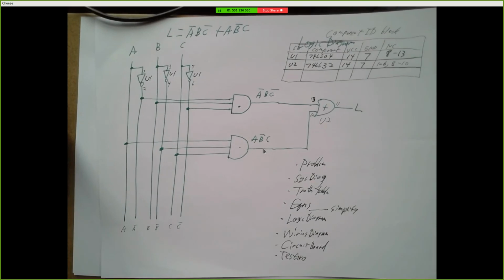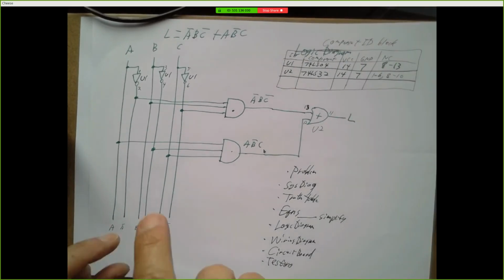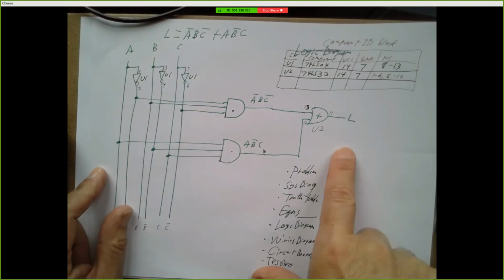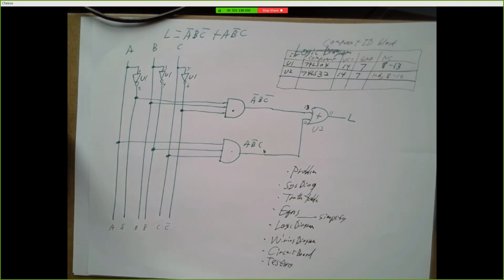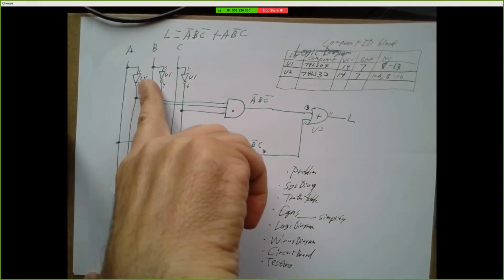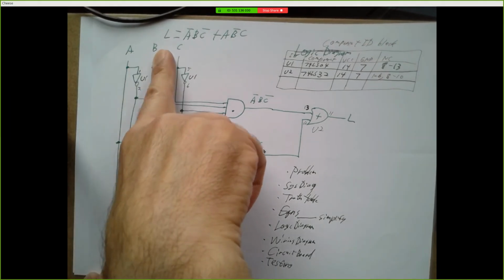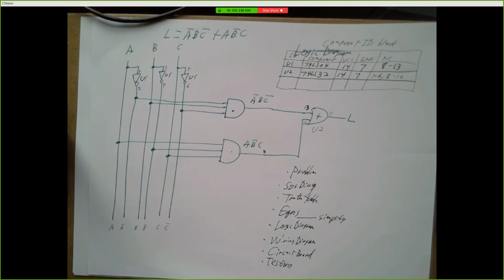All right, let me talk about inputs and outputs, because we have this mystical A here. For a logic diagram, A, B, C, L, those are great. For a wiring diagram, we don't expect a technician to find a letter A and solder it to a wire going into input 1 of chip U1, right? We need something here that actually corresponds to electrical components.